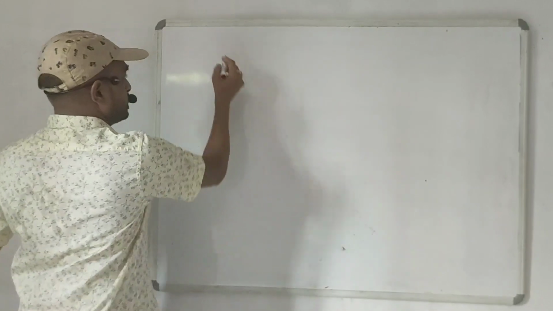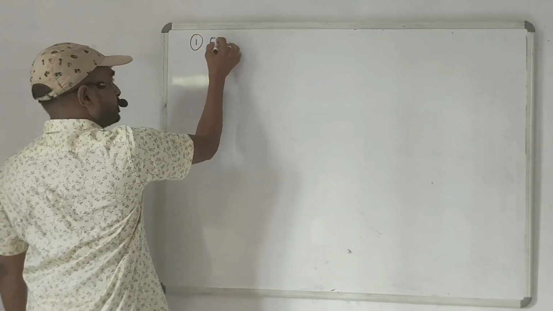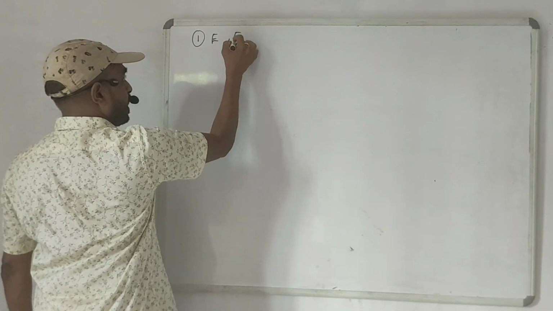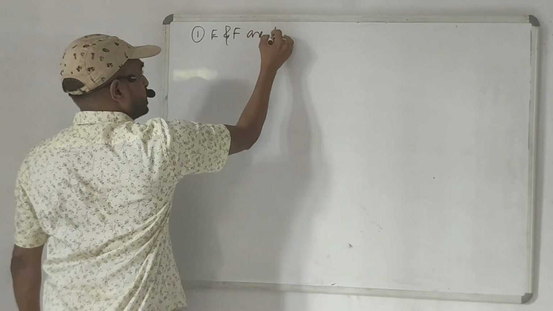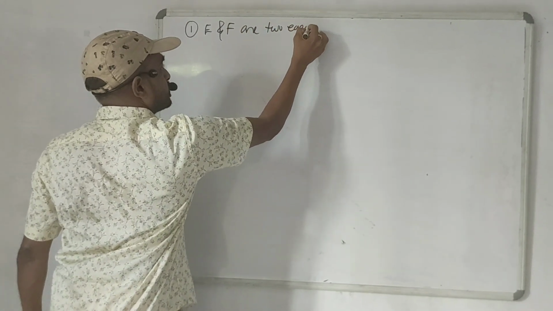See, suppose first problem, let us assume that E and F are two events.